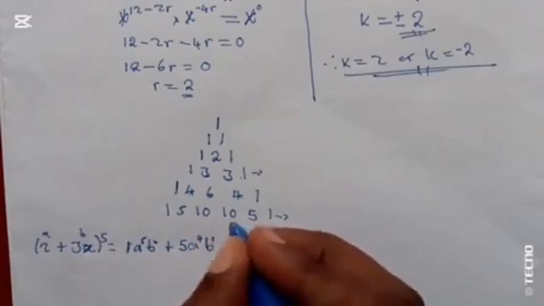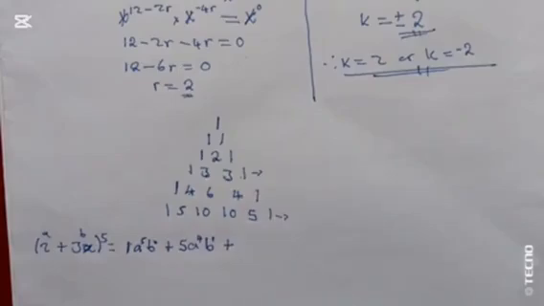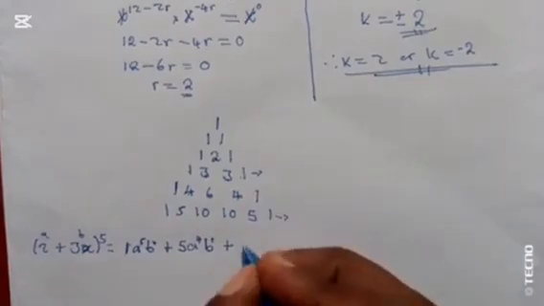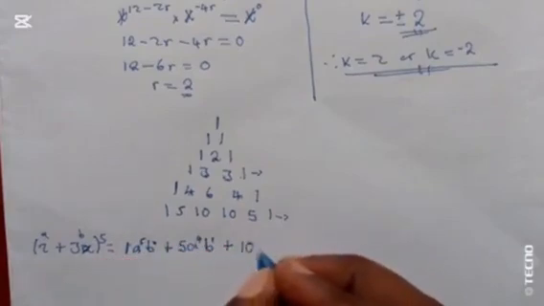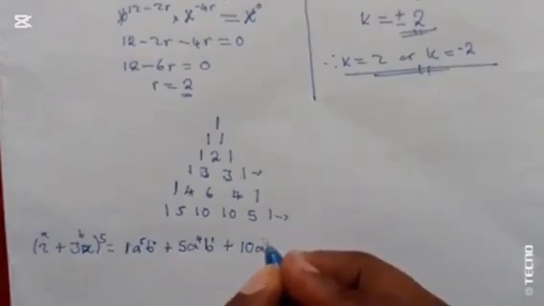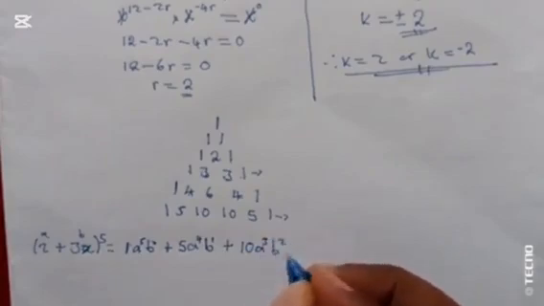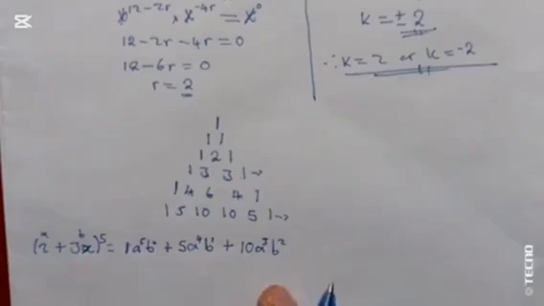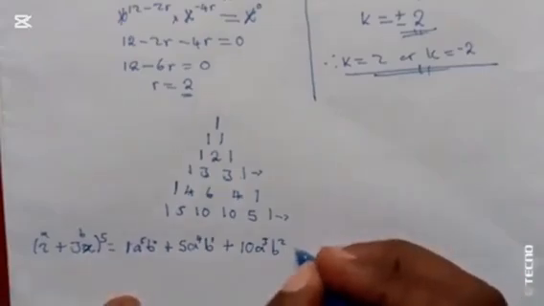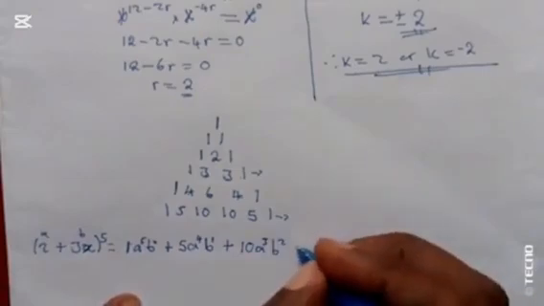Then plus, where there is 10, we have 10A to power 3, then B to power 2. Okay, let us just finish.